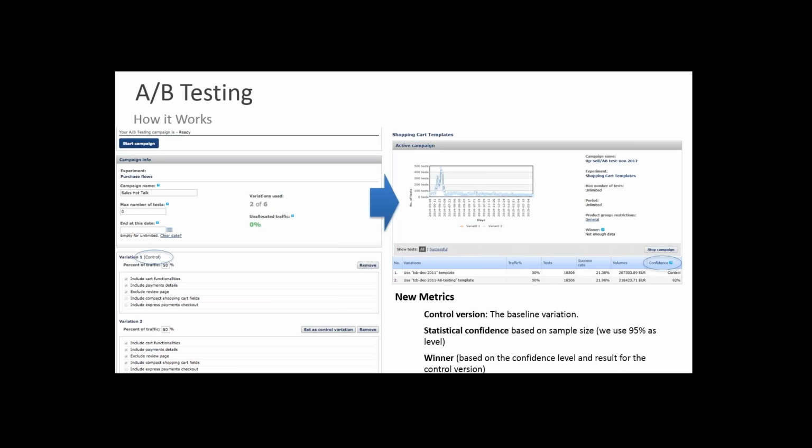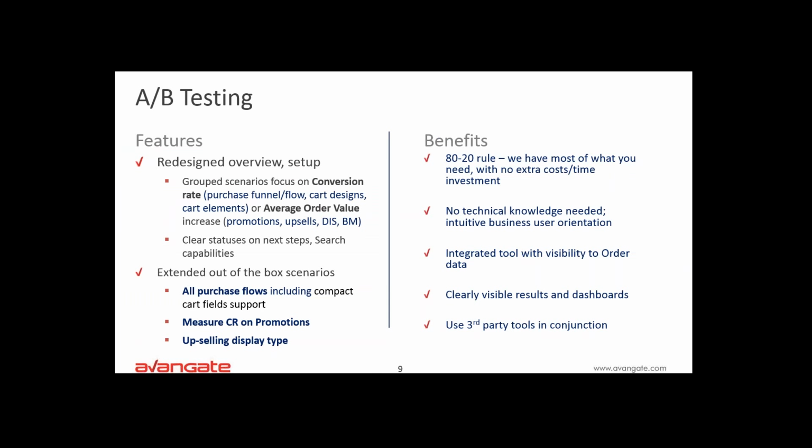And only after that will we actually declare a winner. And once again, we are telling you in specific scenarios which variation is providing the top results, and which you should actually start implementing into production.